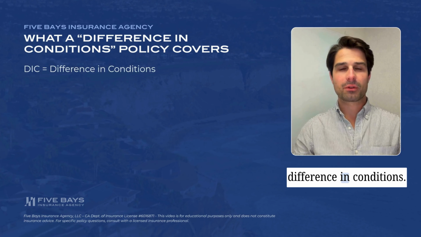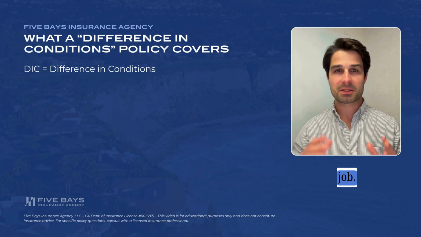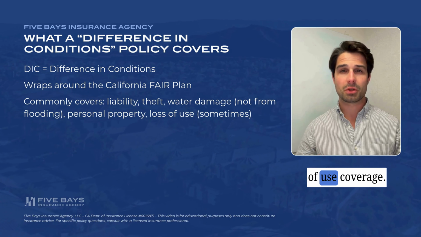DIC stands for Difference in Conditions. The name describes the job. It's built to address the difference between what the Fair Plan covers and what a traditional homeowner's policy typically covers. The categories DIC policies are commonly structured to address include liability, theft, water damage that isn't from flooding, and personal property. Some DIC policies also include loss of use coverage.